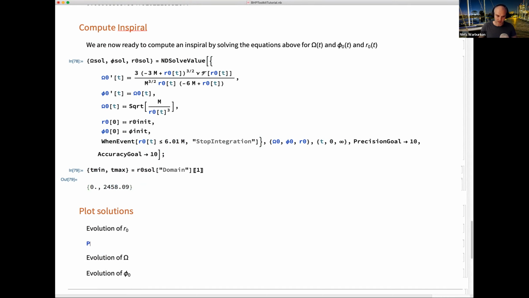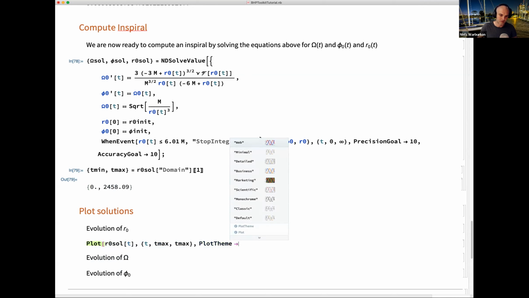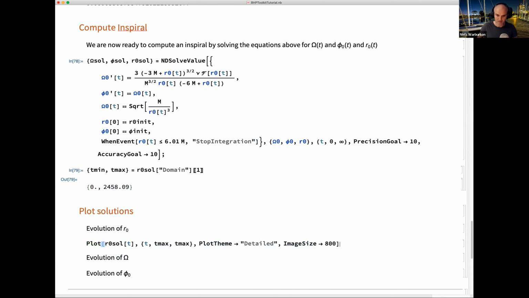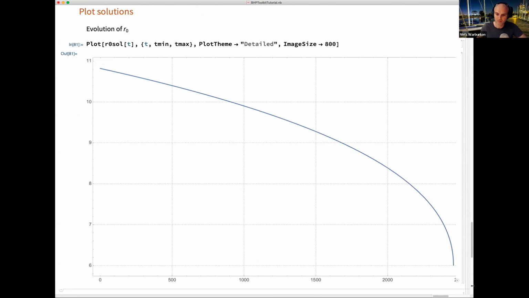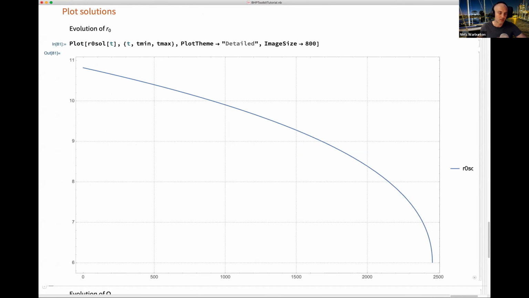Okay. So we can do things like plot the evolution of R0. Let's just give it a plot range, t min to t max. So there's the evolution starting as we did at 10.8 until we get down to the ISCO.